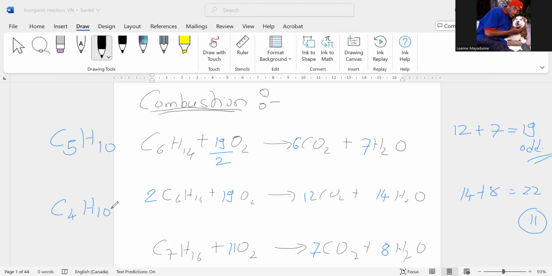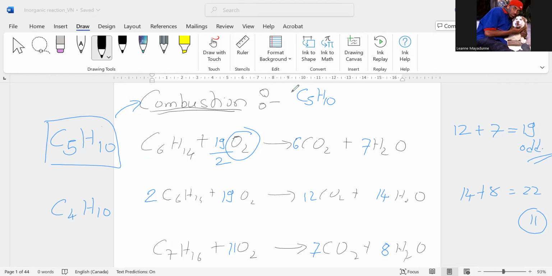Can you try? What's the reactant for that? When it is combustion, the other reactant is oxygen. I'm a bit confused, how do I balance that? It's just C5H10.